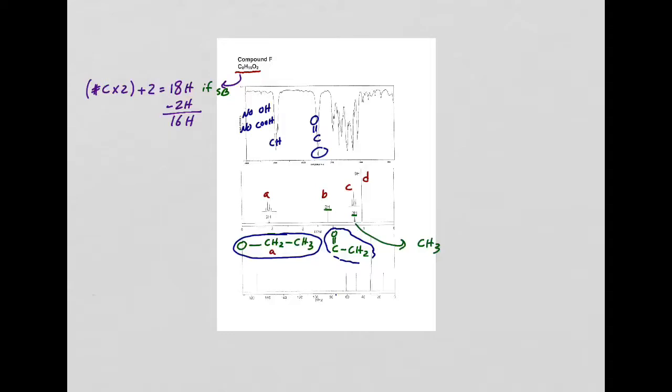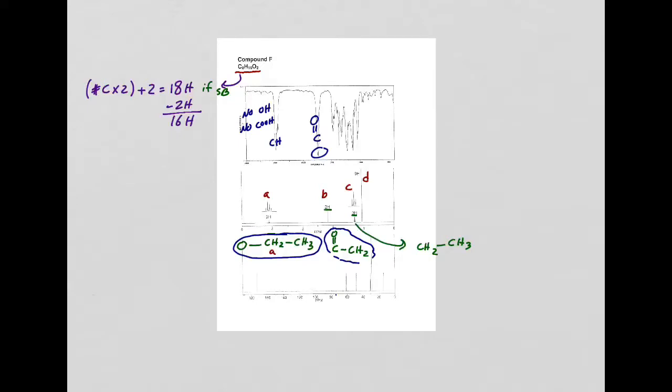So with 3 hydrogen, the integration is 3, so I probably have a CH3. And the splitting is a triplet, which means probably the neighbor was a CH2. So I have a CH3, and probably the neighbor was a CH2.